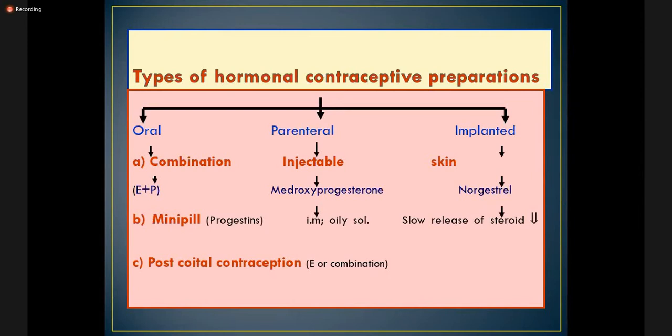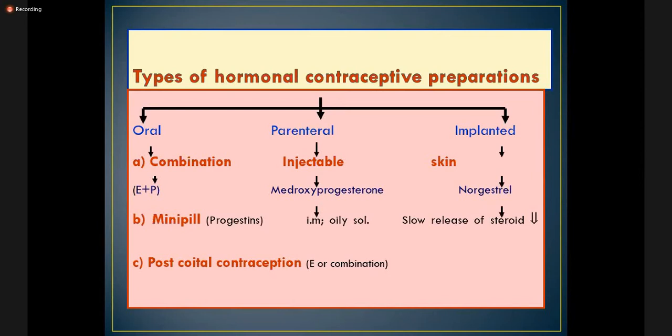Now the parenteral preparation, that is the injectable preparation, and the parenteral route we usually prefer is the intramuscular injection. That is medroxyprogesterone, and this injectable intramuscular preparation is sufficient and gives a prolonged suppression of ovulation.